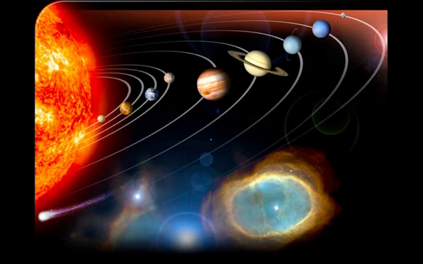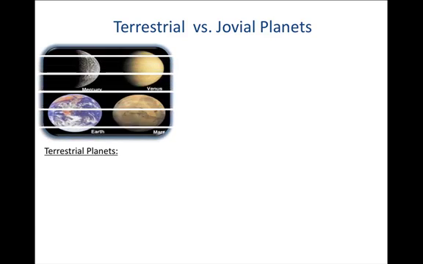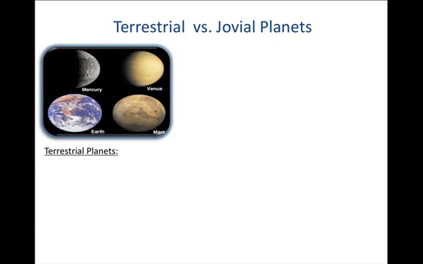Here is a breathtaking view of the planets of the solar system. Terrestrial versus jovian planets. These are the two different kinds of planets that we have. Terrestrial planets are formed slowly from accretion disks. They're high density.